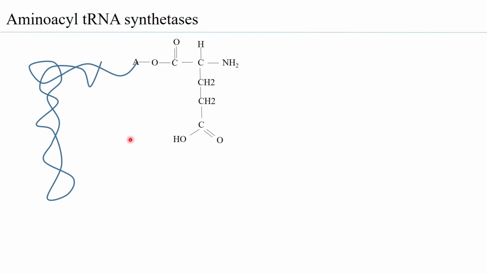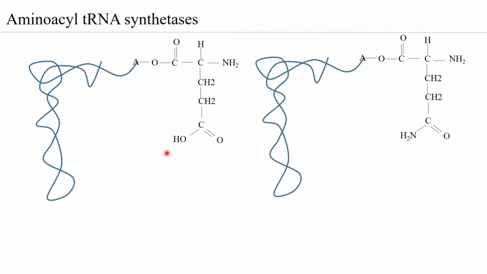Now, in many bacteria, what has been observed is that it is possible that this group is aminated. So the OH group of the COOH can be converted to NH2. If that is the case, this is CONH2. Now, what does this mean? It means that this amino acid is no longer glutamic acid, but it is glutamine.